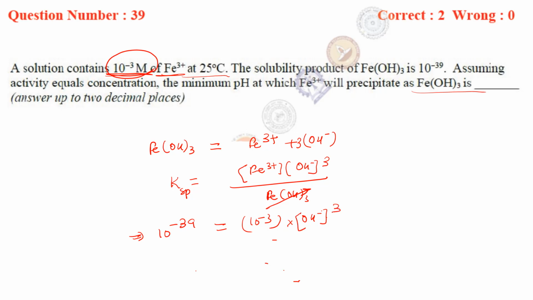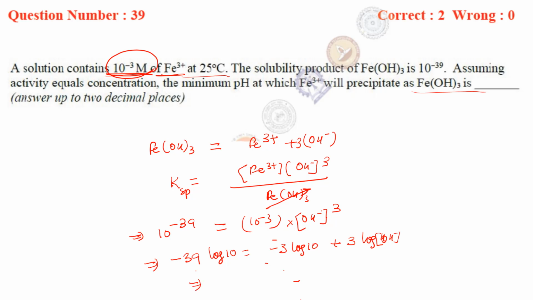Okay, fine. Now simply take log, so minus 39 log 10 is equal to minus 3 log 10 plus 3 log OH minus. Simple.